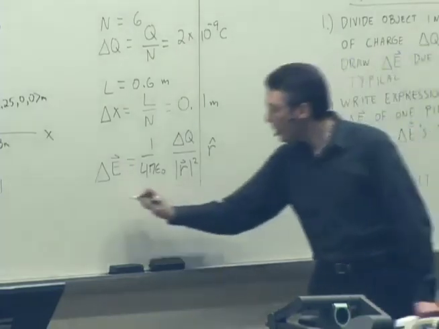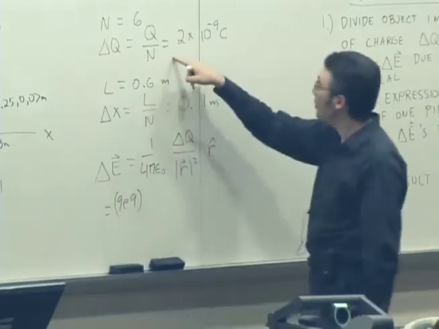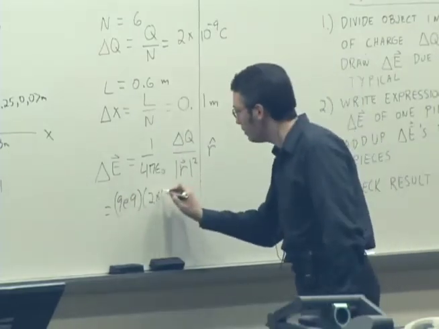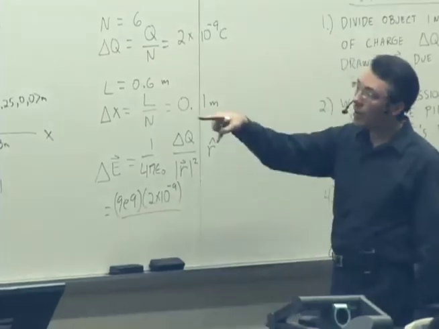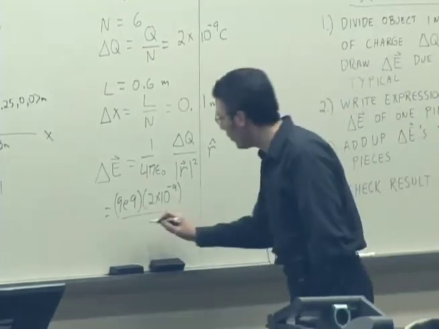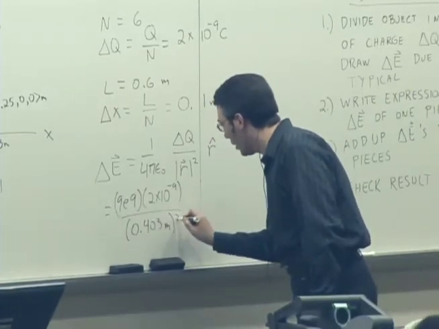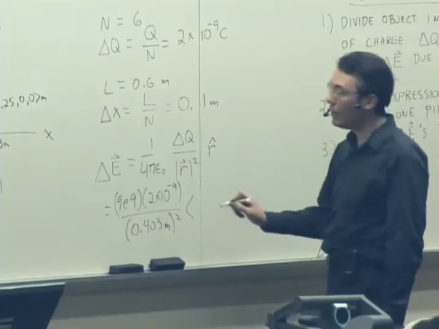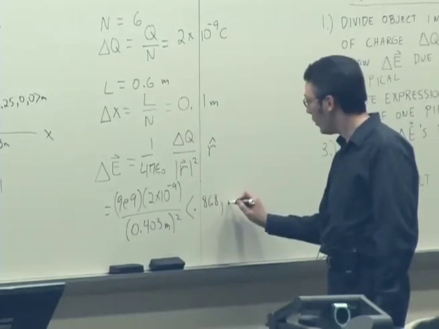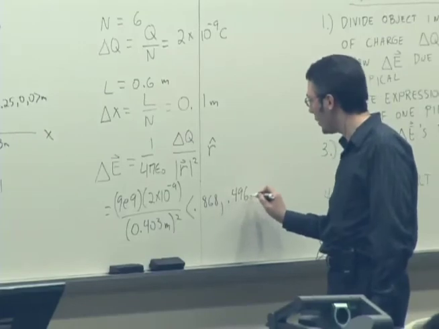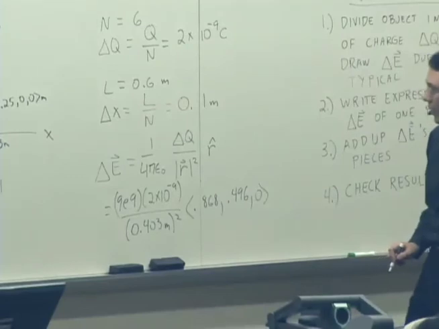So we have 9 times 10 to the 9th, a delta Q of 2 times 10 to the minus 9, an r of 0.403, so that's 0.403 meters squared, and we're multiplying that by the unit vector 0.868, comma, 0.496, comma, 0. Okay? So multiply it all out.